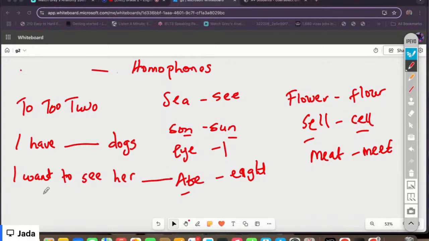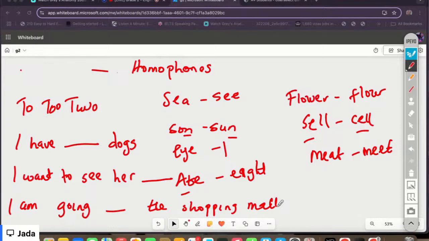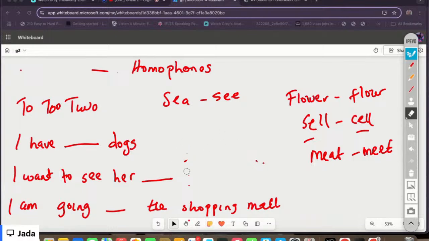Then we have also: I am going dash the shopping mall. Okay? So let's see. What do you have to say about this one? You have to use all these twos to give me the right answers. So try. Let's see. Give me your answers.